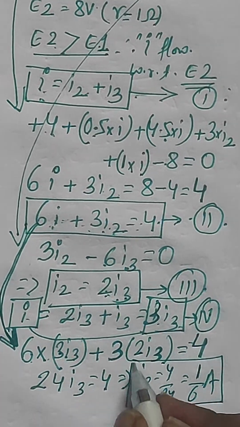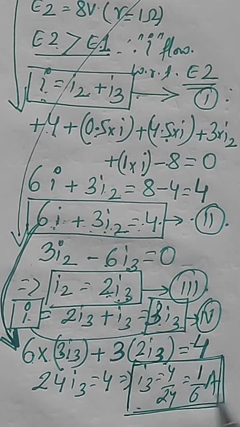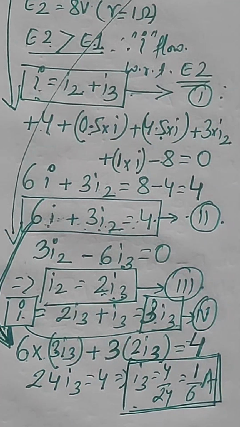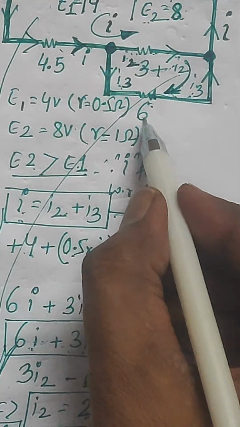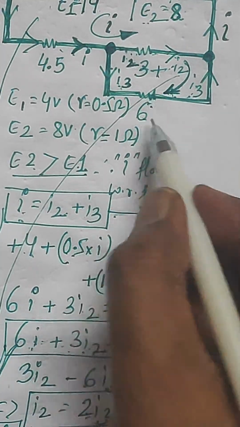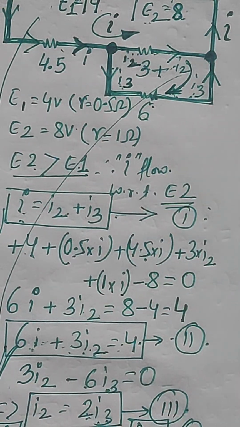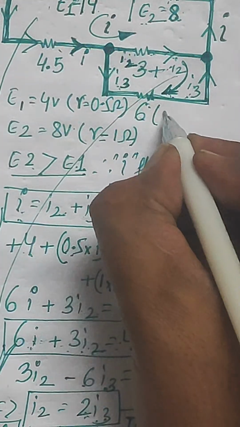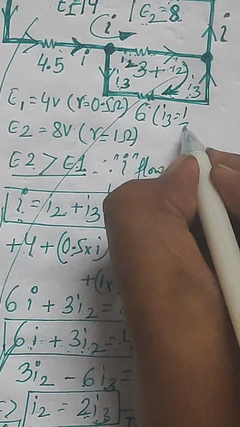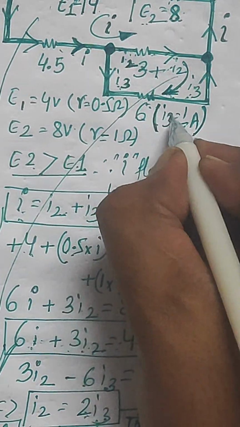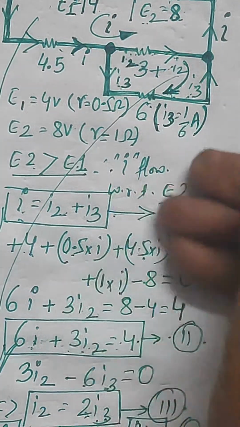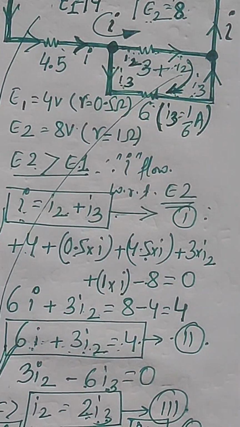So the value of I3 is calculated as 1 by 6 ampere. This is the current flowing through the 6 ohm resistance. So one part of this question is solved. I3 is 1 by 6 ampere.